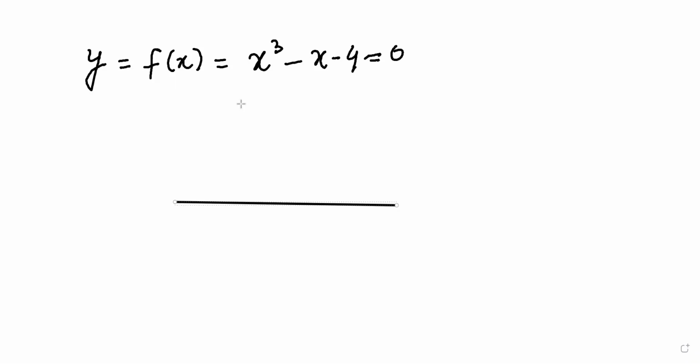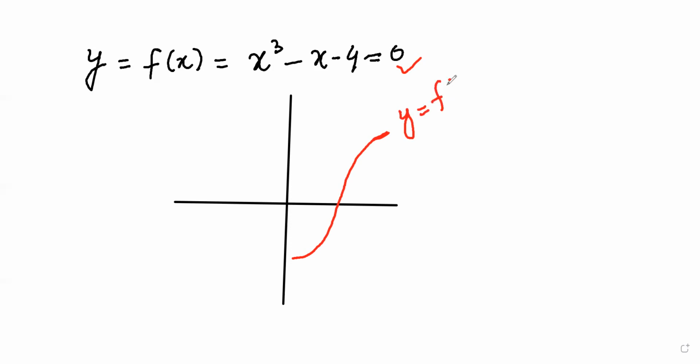Once we plot the function, let's suppose the graph of the given function is, for example, like this. So this is the graph of y as a function of x.